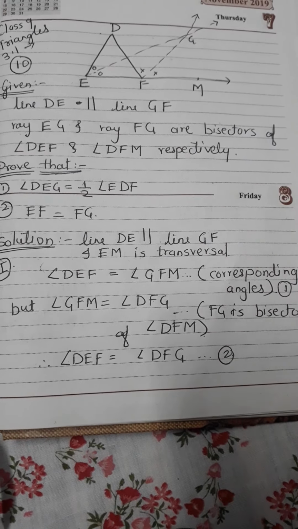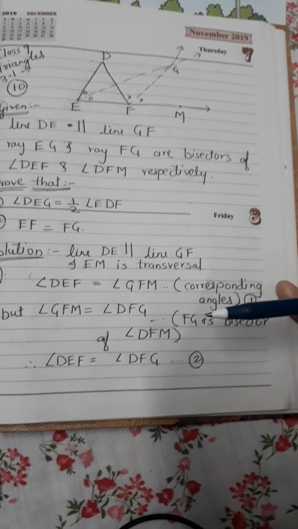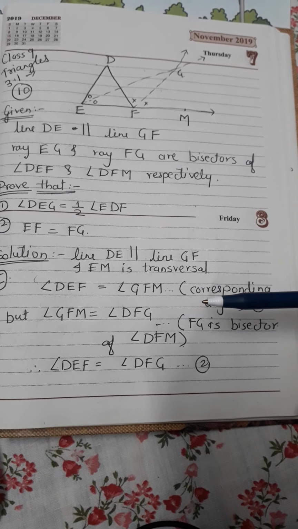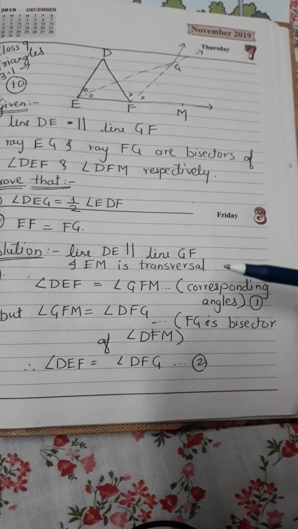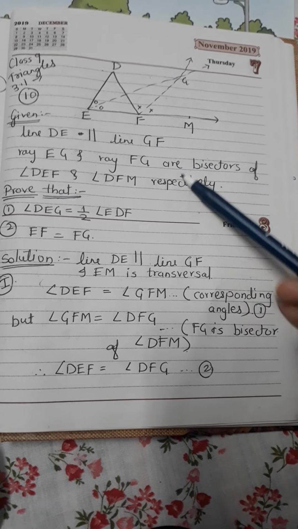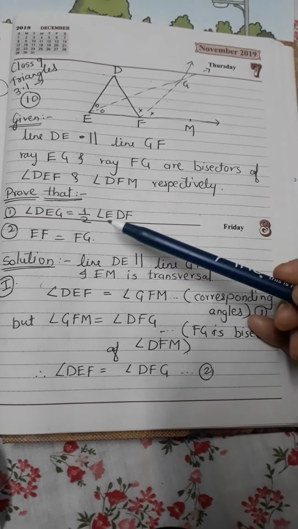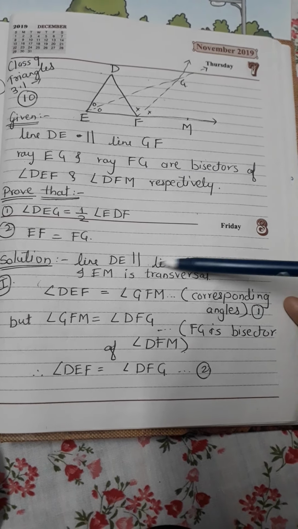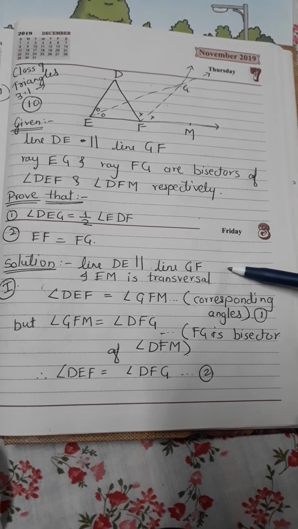Now see the solution properly. First, always remember, a perfect solution is the one when you utilize all the parts of the given. So whatever the given, focus on that, then you can come directly to the solution easily. So see what is given first, that is line DE is parallel to GF.